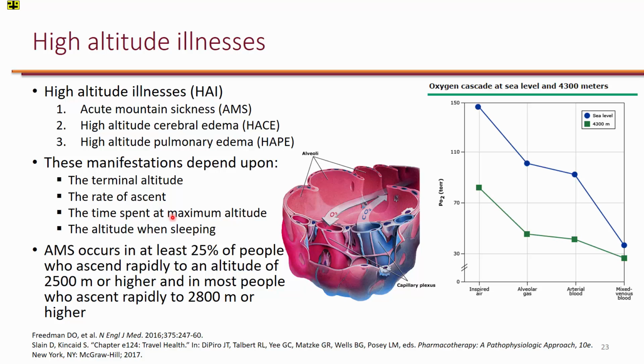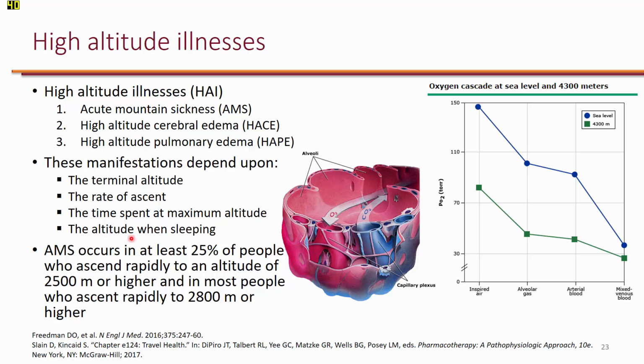The time spent at maximum altitude: once you get to the highest altitude, don't stay there for too long, because the longer you are exposed to that low oxygen concentration, the more likely the body will progress into a more severe high altitude illness.